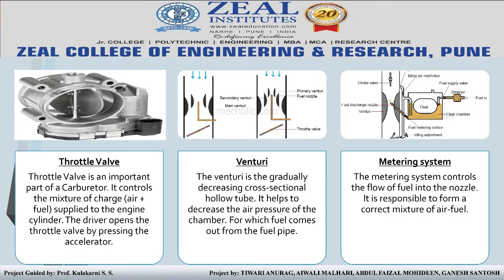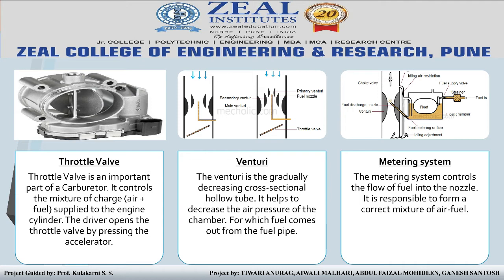Throttle valve. The throttle valve is an important part of the carburetor. It controls the mixture of air and fuel supplied to the engine cylinder. The driver opens the throttle valve by pressing the accelerator. Venturi. The venturi is a hollow tube with a gradually decreasing cross-section.